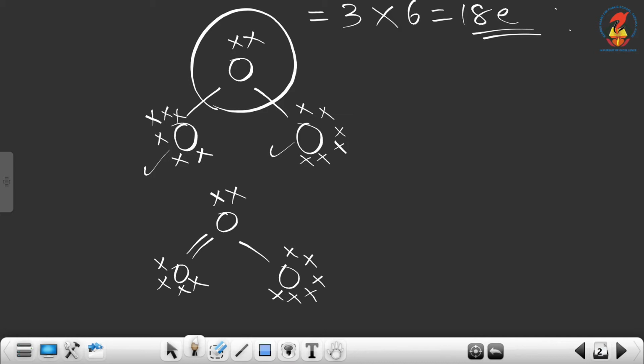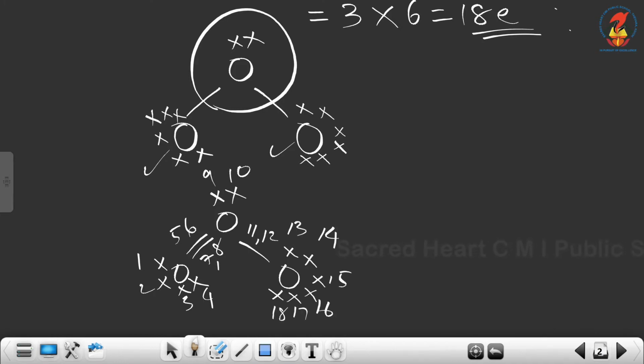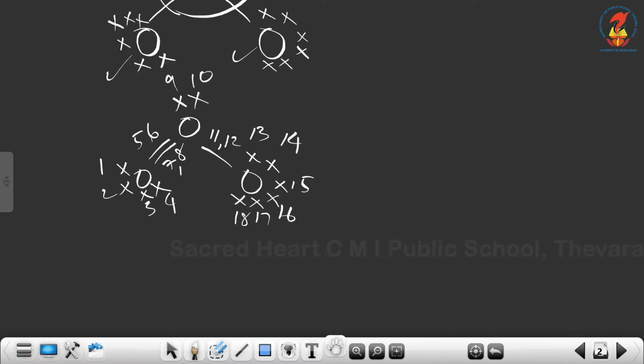Check the total number. It should be 18. 1, 2, 3, 4, 5, 6, 7, 8, 9, 10, 11, 12, 13, 14, 15, 16, 17, 18. 18 electrons. Or you can show the structure of ozone as, what's the other possible structure?